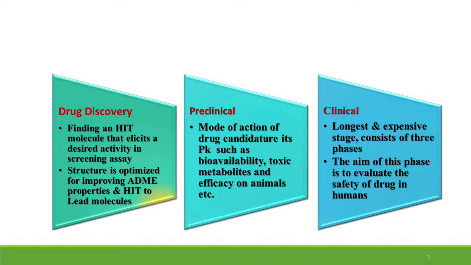Everything is available in the textbook and also articles, but an explanation from a teacher is always good for understanding the concept. The first phase involves 100 healthy volunteers, where we look for the safety of the drug in human beings. That is the first phase.